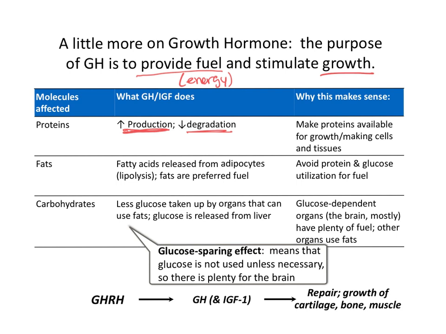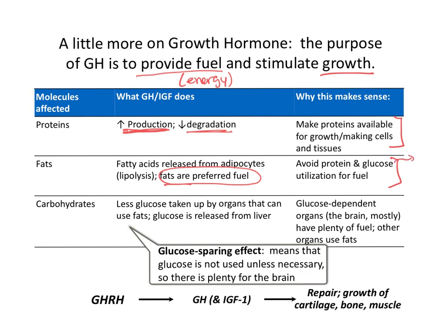And so what this does is it helps your cells and tissues grow. It's going to cause you to have increased fats in your blood, so fat's going to be released from your fat cells. And that's because fats are your preferred fuel for most of your body. And this allows you to use proteins to grow, to build more cells.